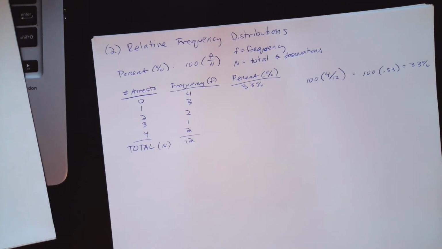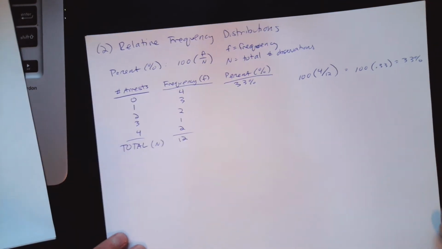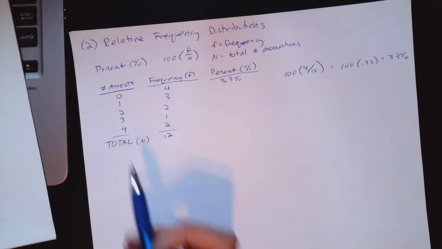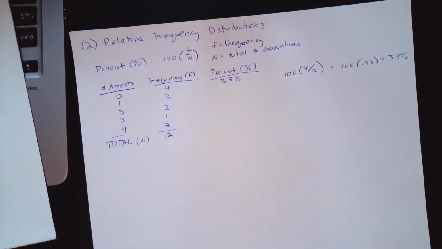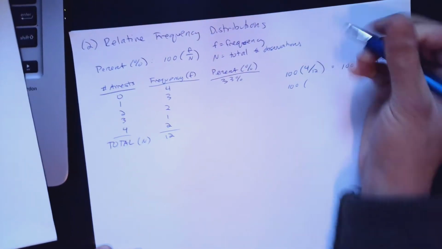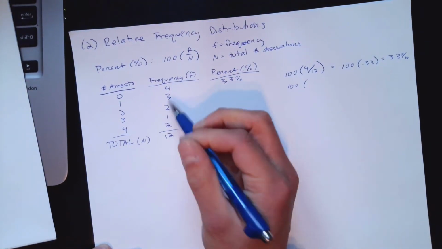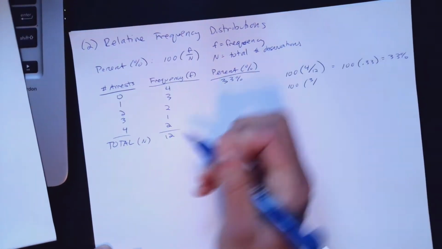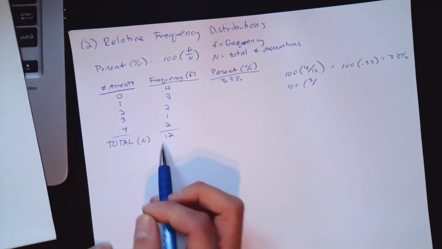Now we can do this for each of the different observations in our frequency table, each of these different values. So what percentage of people in our sample had 1 arrest? Well, we'll use this formula, and now instead of plugging in 4 for f, we're going to plug in 3 for f. And our n, or total, is going to stay the same.